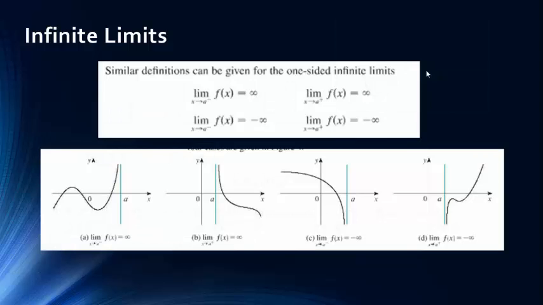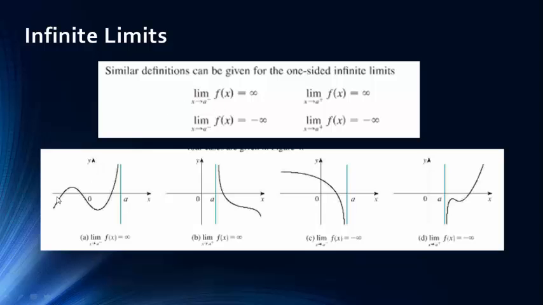We can also apply the same kind of concept to one-sided limits. For example, in here we have the four one-sided limits. Two of these are approaching a from the negative direction.